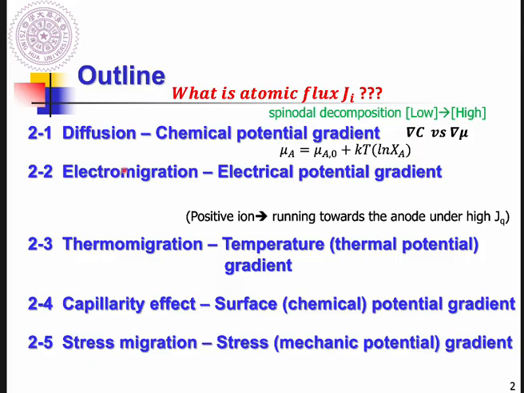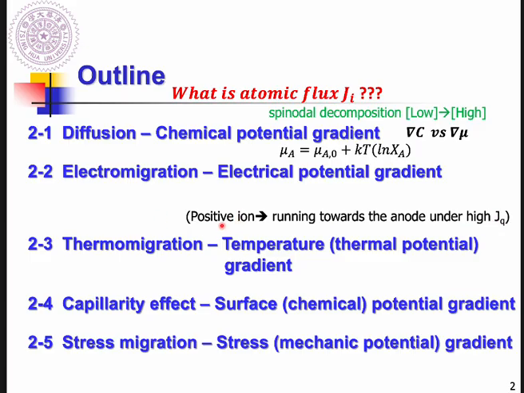The second one, which we are going to introduce in the second section, we call electron migration, which means that the driving force is the electrical potential gradient. In the beginning, some scientists found that under this electrical potential gradient, which means you connect your materials with a battery and have current passing through, the positive ions run toward the anode under higher current density.